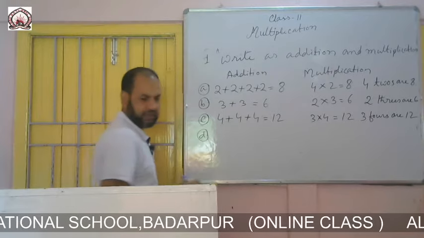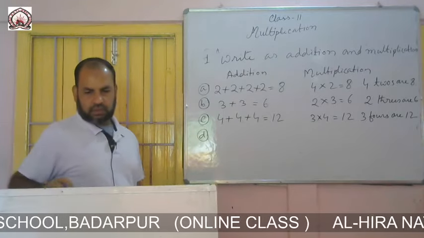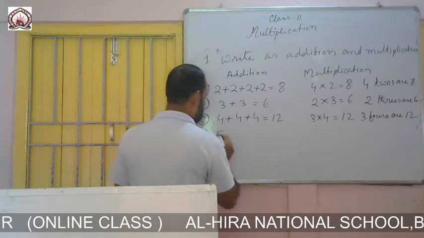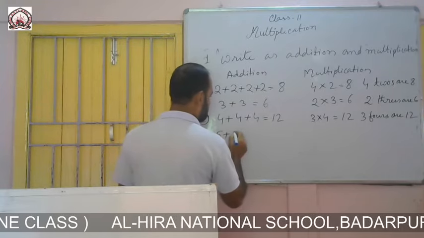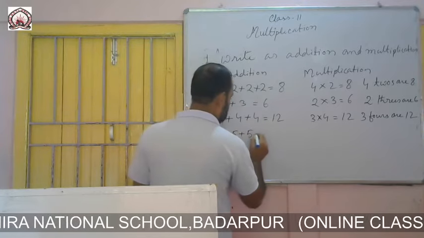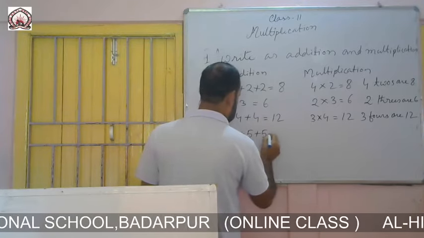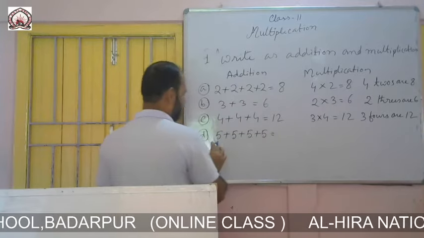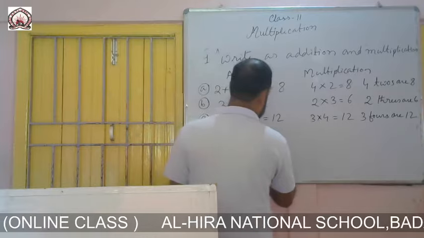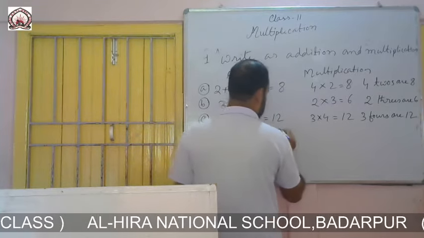Next, number D. 5 plus 5 plus 5 plus 5 equal to: 5 plus 5 is 10, 10 plus 5 is 15, 15 plus 5 is 20.